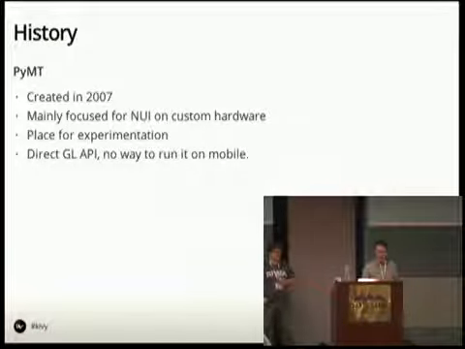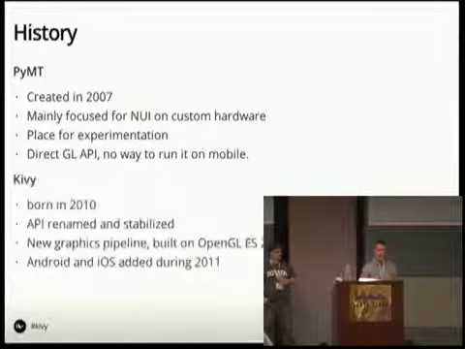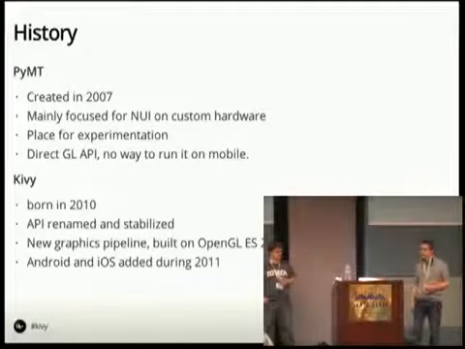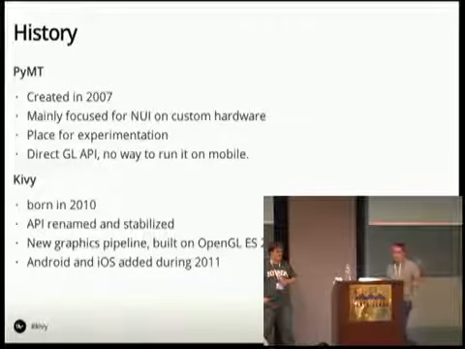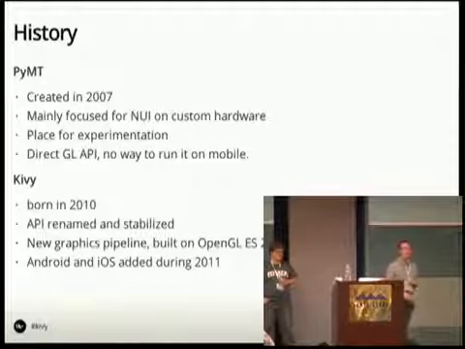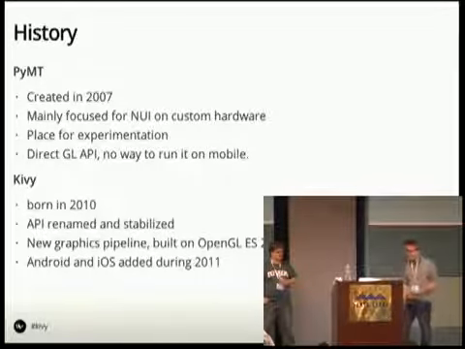So we redesigned all the graphics and the API, we cleaned everything, and Kivy was born at UDS in 2010. So as I said, we renamed the API, we built new graphics, and during 2011, we added support for Android and iOS.